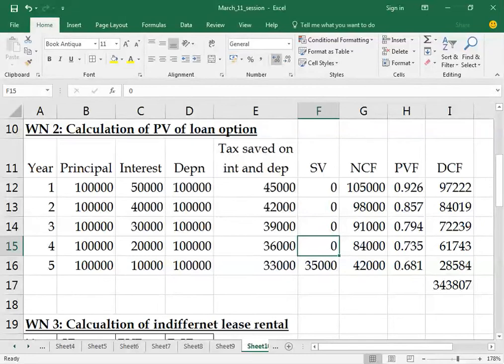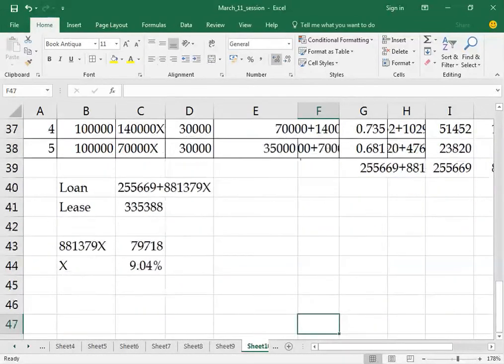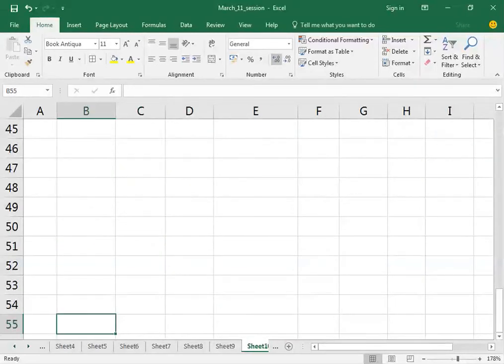One way is removing the salvage value of 35,000 and writing it as X and then doing the calculation again, which will take a longer time. So instead of doing that, now write calculation of indifferent residual value.